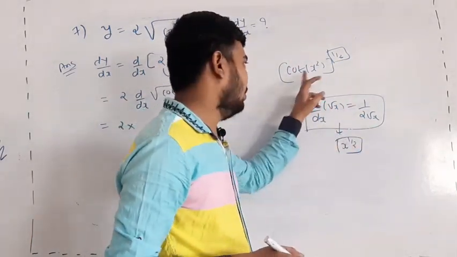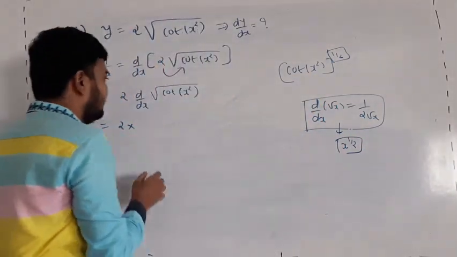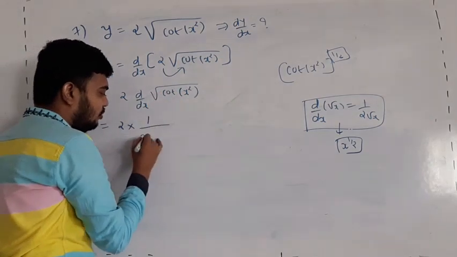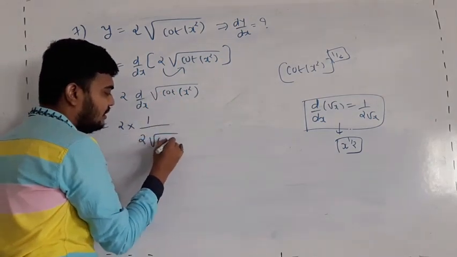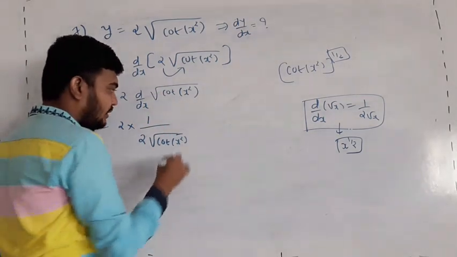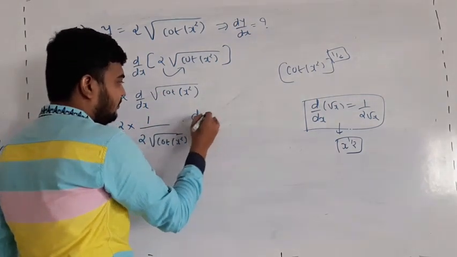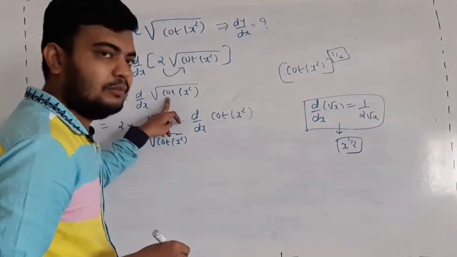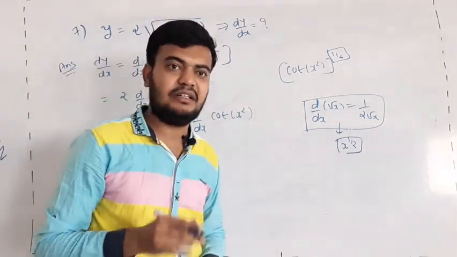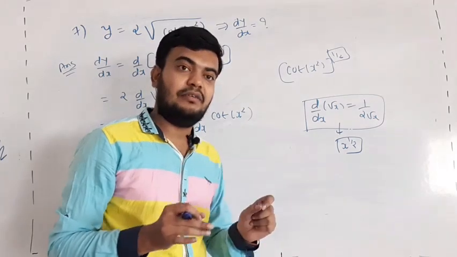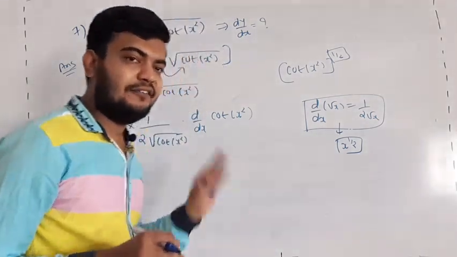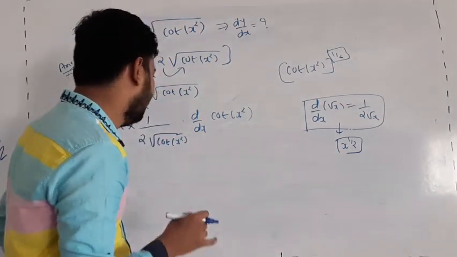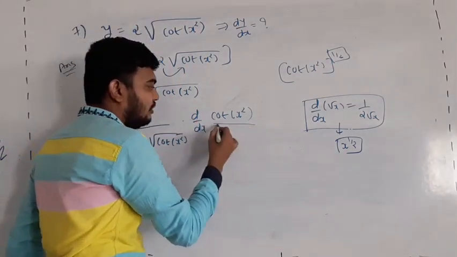So here the function is cot of x square, so the differentiation of root cot of x square is 1 upon 2 root cot of x square, times d by dx of cot of x square.